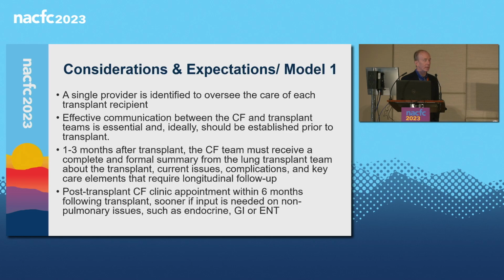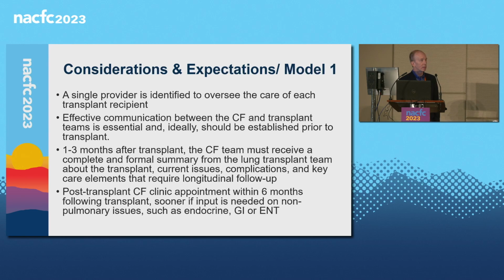So what are the considerations and expectations for Model 1? A single provider is identified to oversee the care of each transplant recipient. Effective communication between the CF and transplant teams is intentional and ideally should be established prior to transplant.